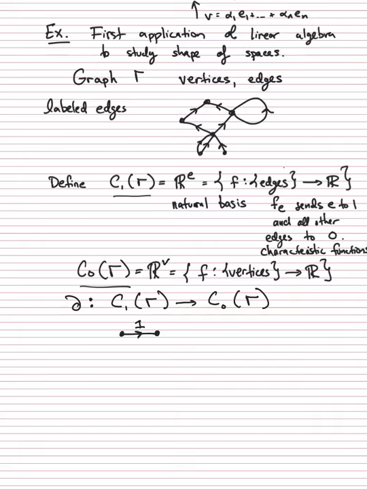On the basis, remember that each edge comes with an orientation. So we're thinking of this basis as having a 1 on this oriented edge, and it takes it to the function which assigns 1 on one basis vector and -1 on the other basis vector. All right? And then we extend linearly.